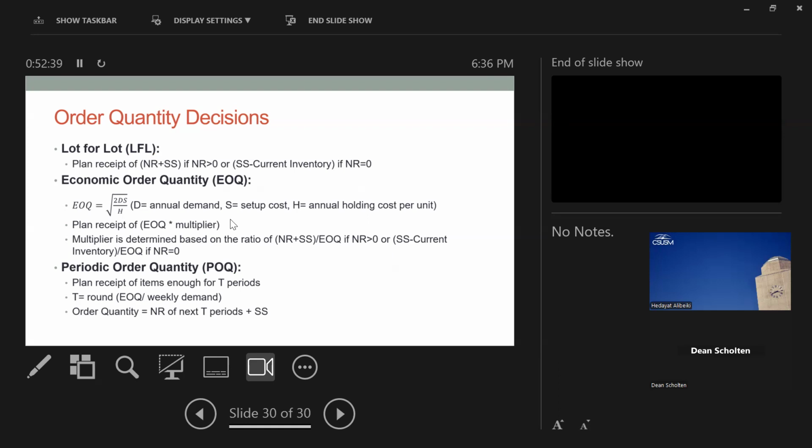So it tries to get something close to EOQ but also rounded, so that after two weeks you consume whatever you have and go down to the safety stock level, which is exactly 50. So you round it off to minimize the leftover impact.